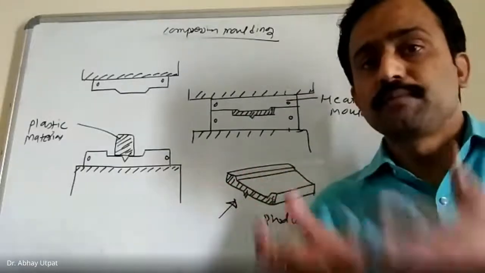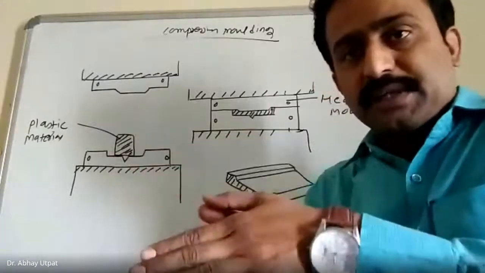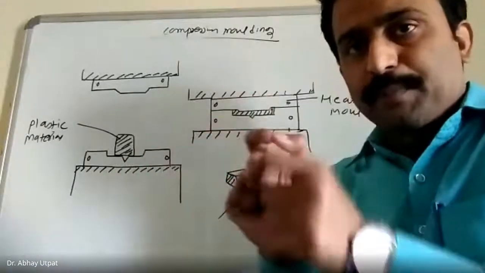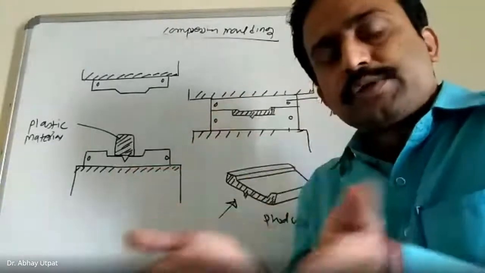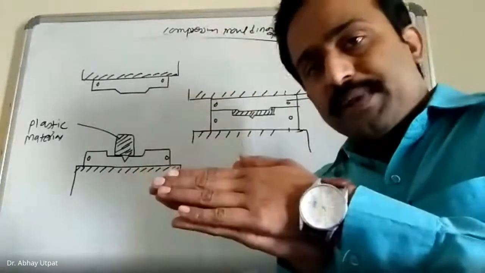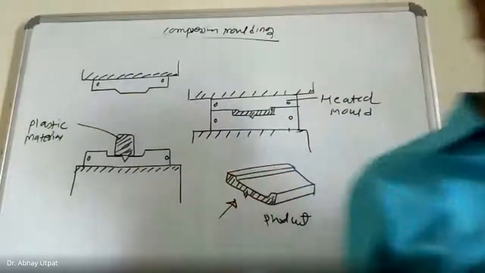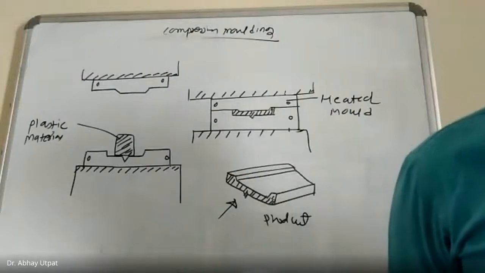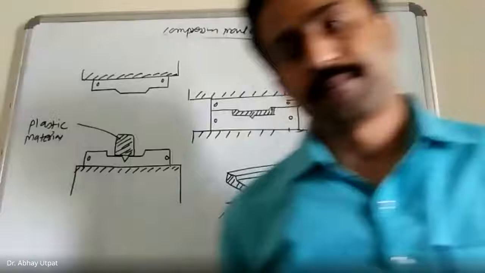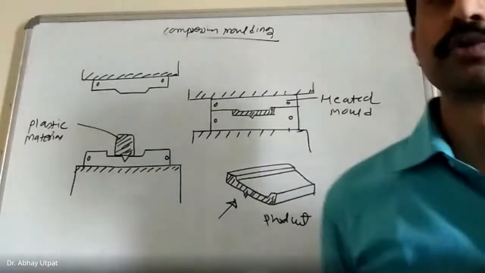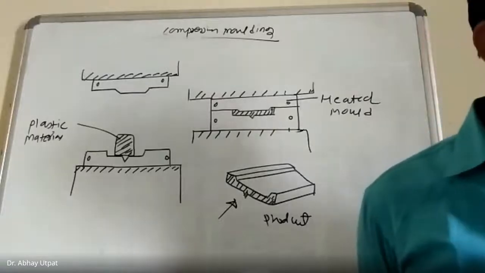Try to understand. You are pressing it. So because of pressure, whatever gap is provided between the upper jaw and lower jaw, the material flows. So automatically, due to uniform pressure, density in the component will be uniform. Uniform shrinkage due to uniform flow of material.